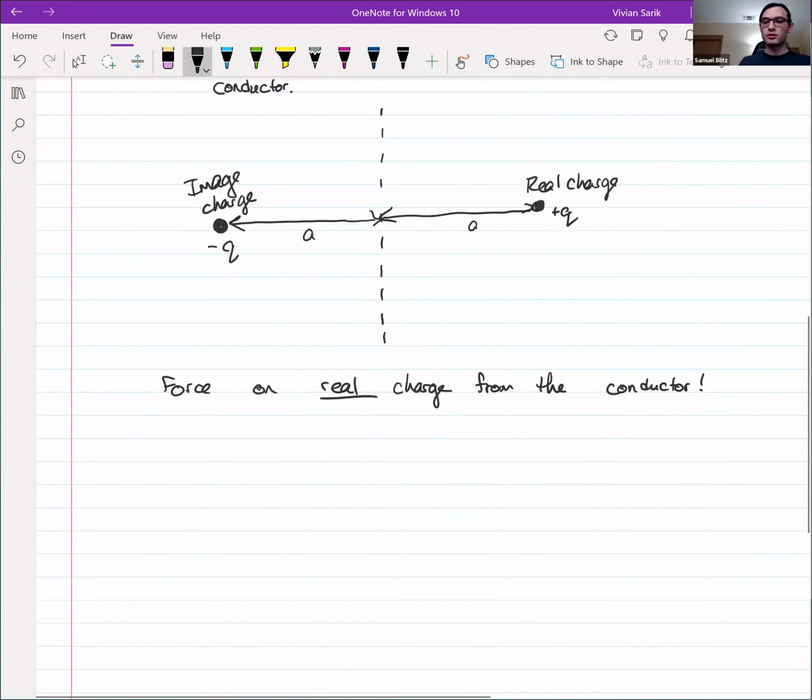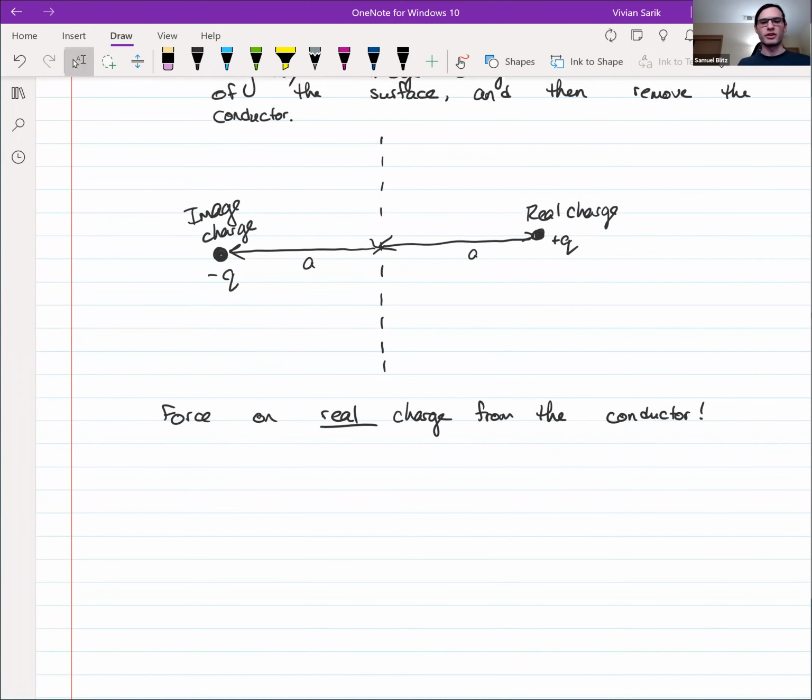It does have to be a flat conductor for this to work. So the force on the real charge from the image charge is the same as the force on the real charge by the conductor.